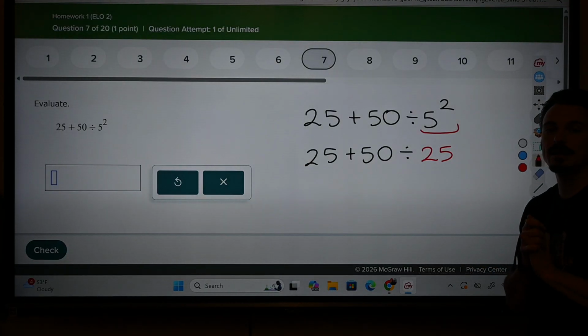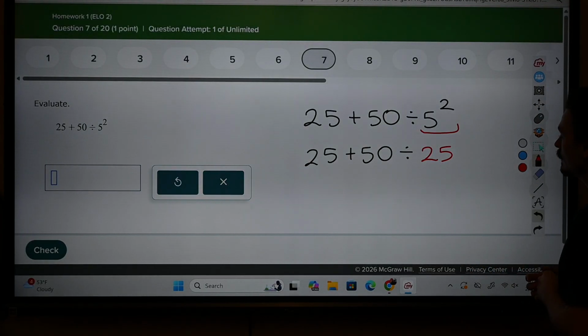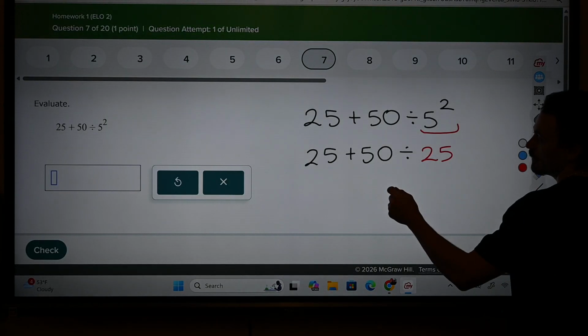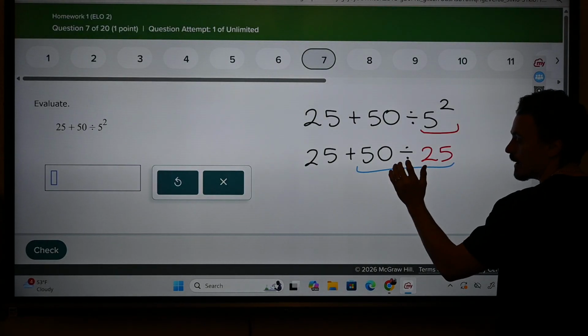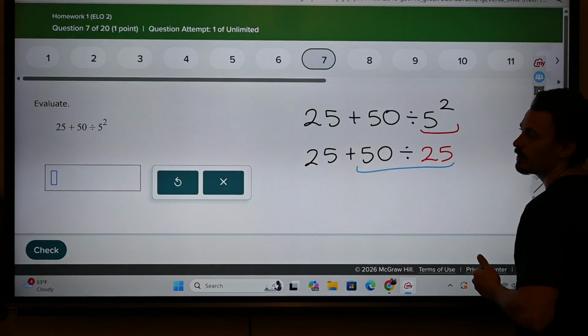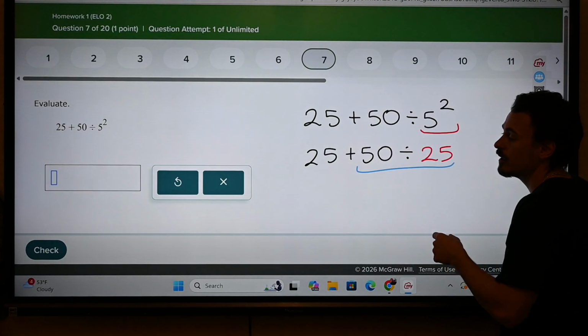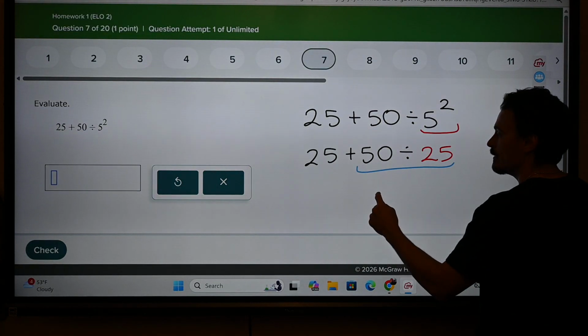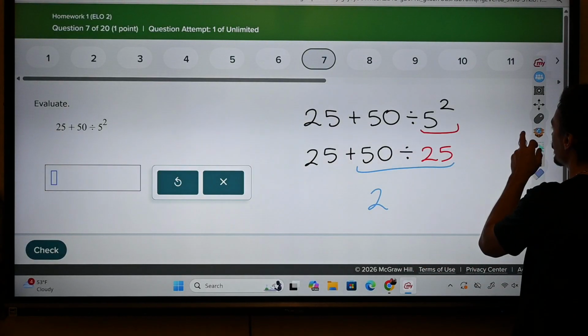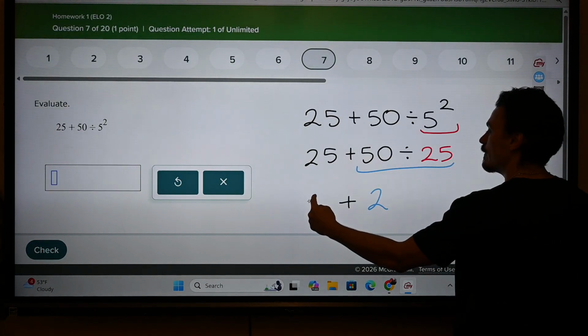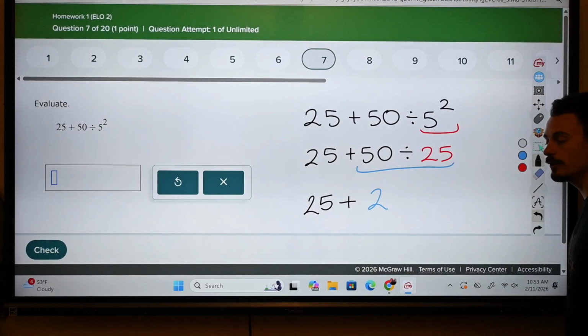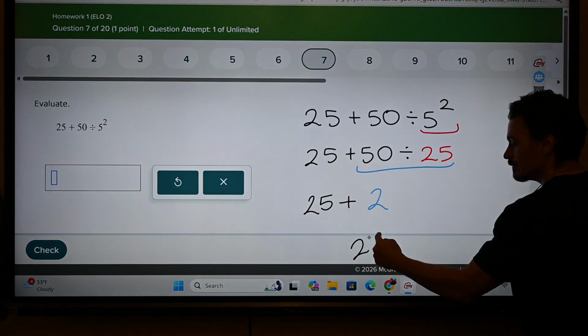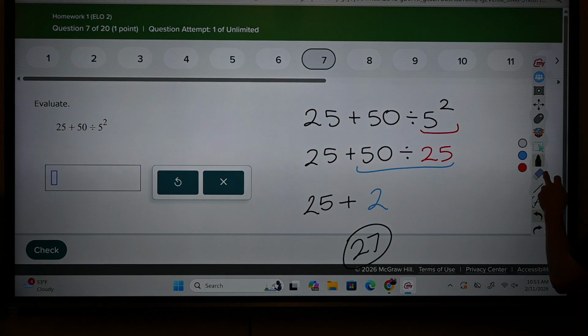A lot of people write 10 right there, and they get it wrong. In order of operations, you have to divide before you add. I've seen a lot of people get this number 7 wrong in their homework because you need to divide before you add. That gives you 2. Then you add 2 with the 25, and you get 27.